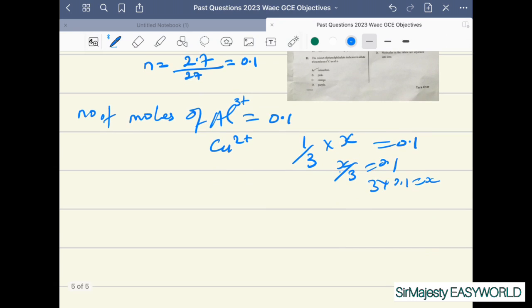Therefore, for the element that has the charge of plus 1, let's assume X+, how many moles of X+ will be discharged? 0.3, because 3 times 0.1 is equal to 0.3.